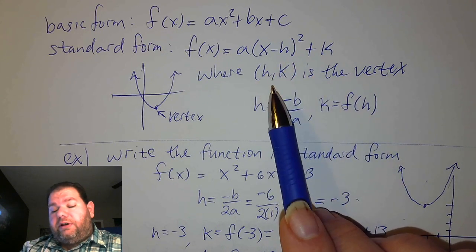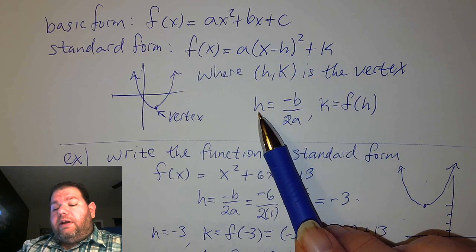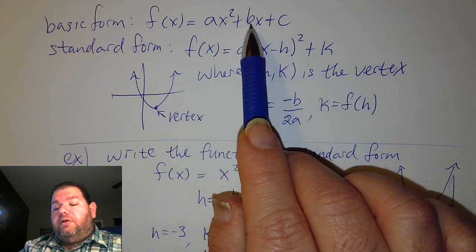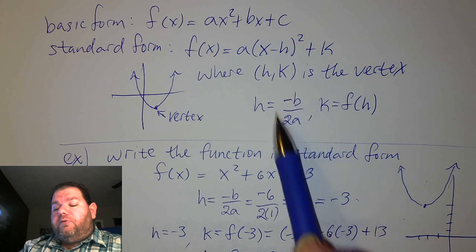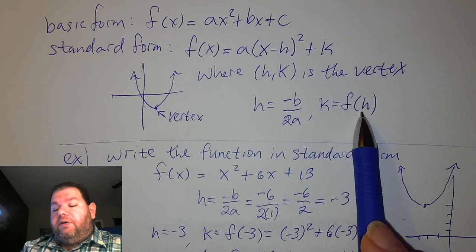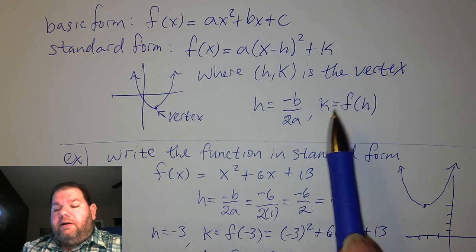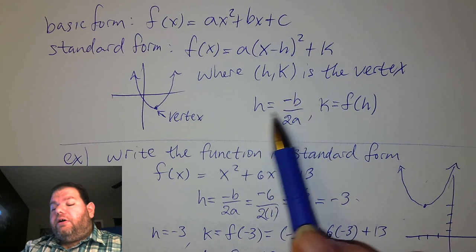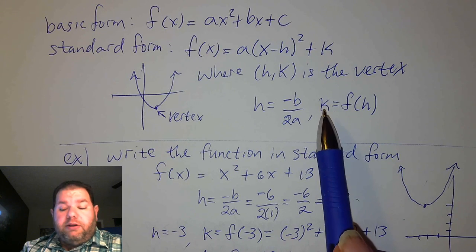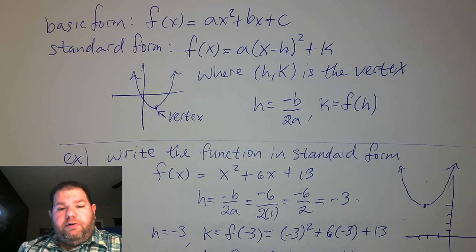And the way that we calculate these is that we find h is negative b over 2 times a, and then whatever number we get here, we plug it back into the function, and that helps us find k. So h and k are a coordinate on the graph specifically, but it will be this vertex point.